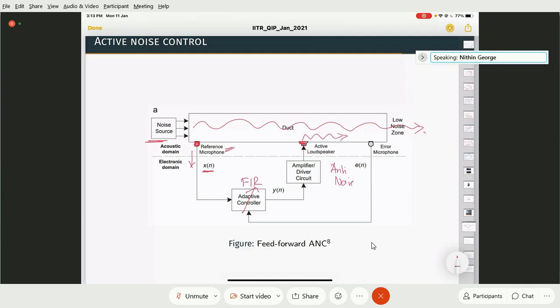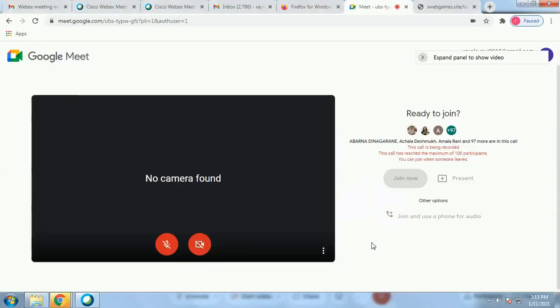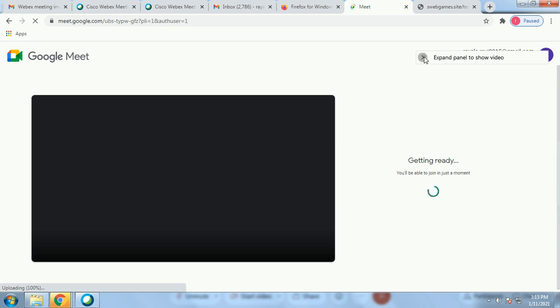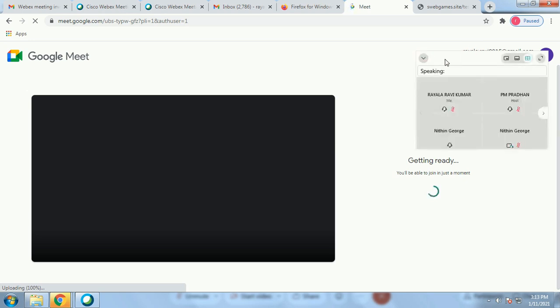Then third thing I do is I put a next microphone, which is the error microphone, which is going to measure the superposition of these two signals. So measure the superposition of the sound which is getting transmitted and the sound which is produced by the speaker. The superposition of that is my E(n).